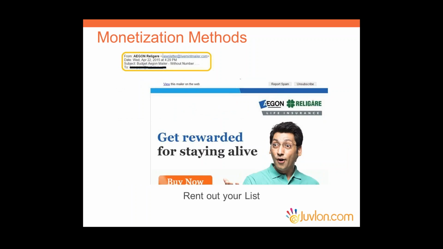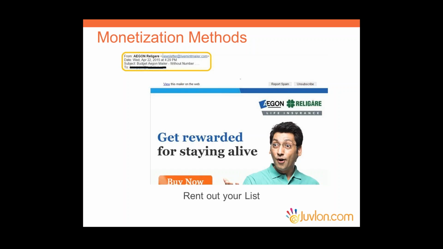This is my favorite, rent out your list. So basically you can make money by renting out your list to companies who would like to promote their products to your audience. It's basically sending out dedicated emails or having a banner in your newsletter. It's something that your advertiser has created, and you are sending it out to your audience on their behalf.